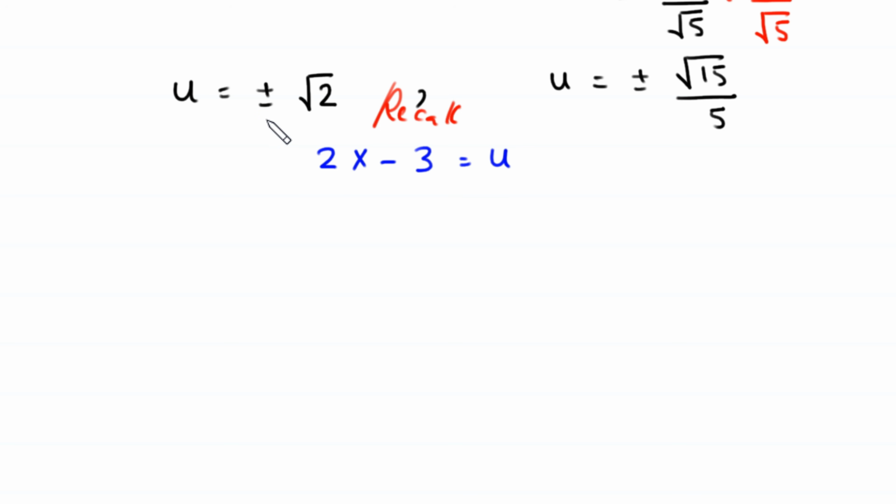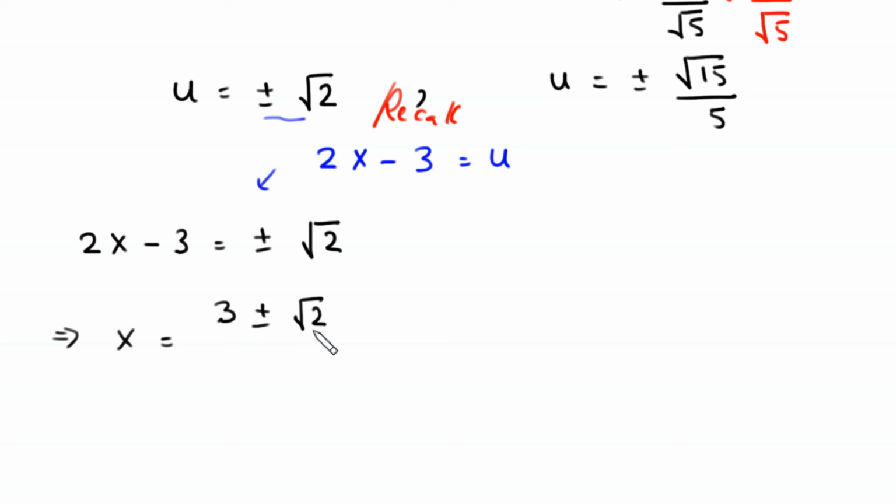So when u is plus minus root 2, then this will become 2x minus 3 equal to plus minus root 2, and this implies that x is equal to (3 plus minus root 2) divided by 2. This is the first and second solution. So from this case we get two solutions.